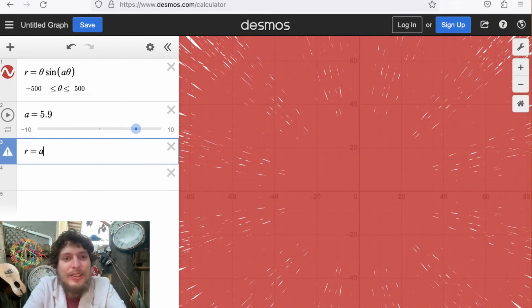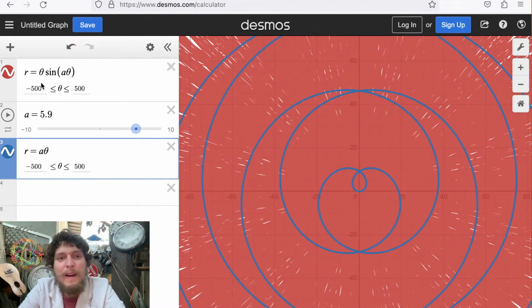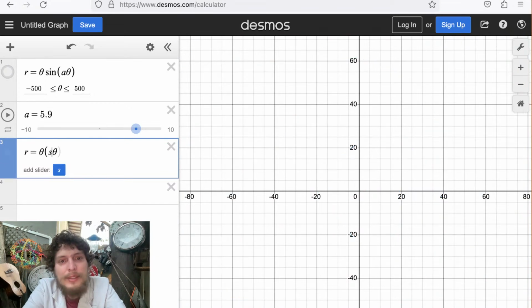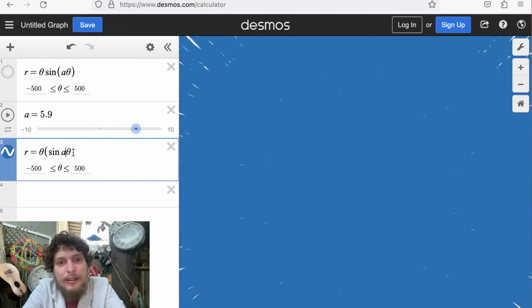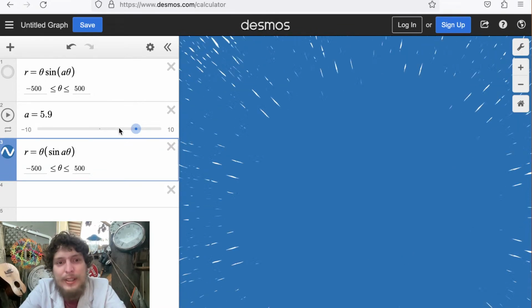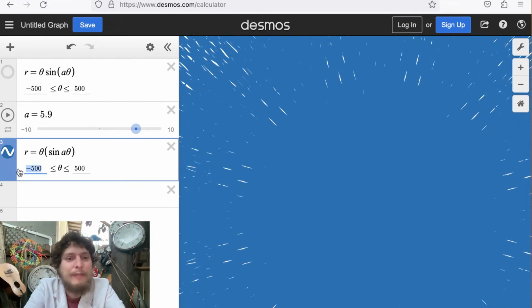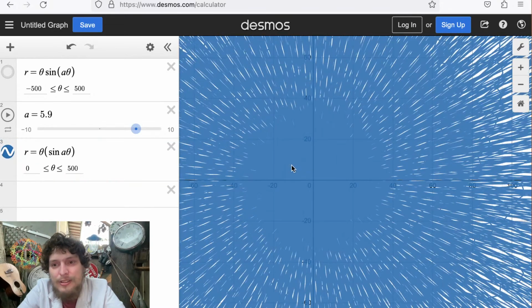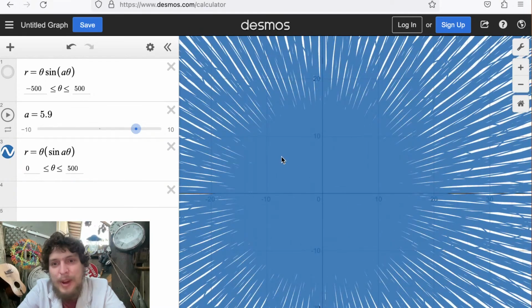The ones that started out quite crazy are, even if we just have theta times sine of A theta. This was one of the ones that, as you zoom on different scales, well, maybe the negative 500 was not helping, we can see these spirals.